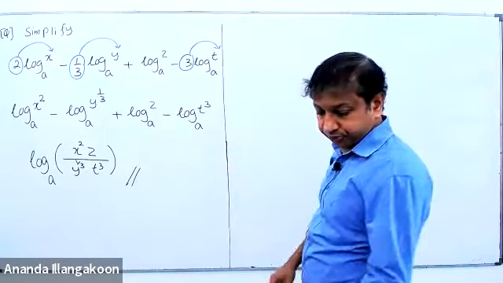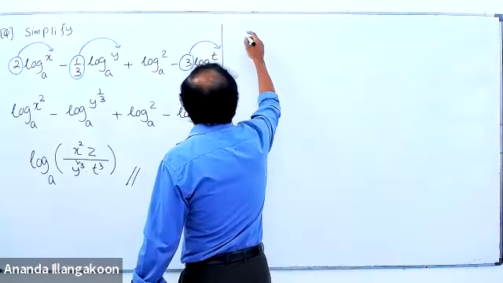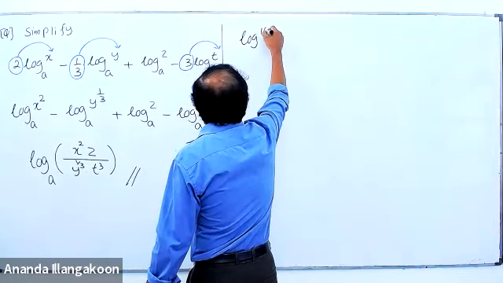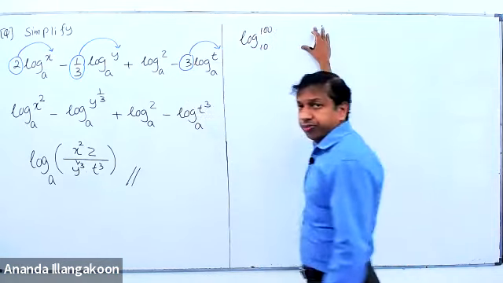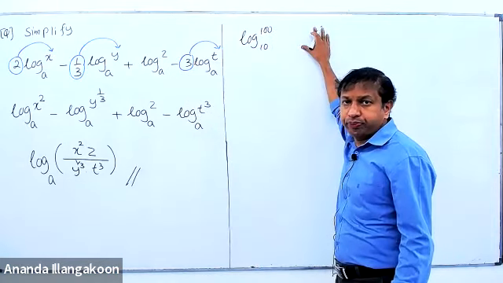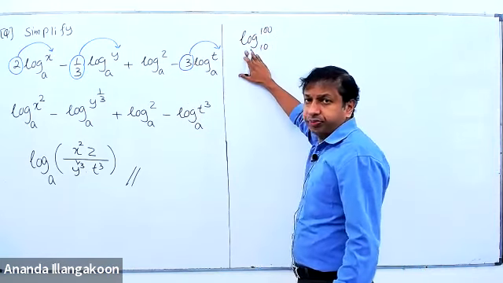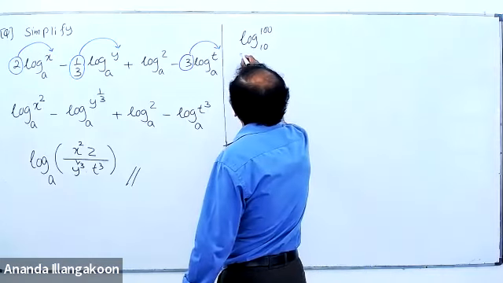Right. It is this. Suppose we write this way, people, logarithm of 100 to the base 10. You know the answer of this. It is 2, no? Yeah. Because when we write this way, this log term has the denominator 1.